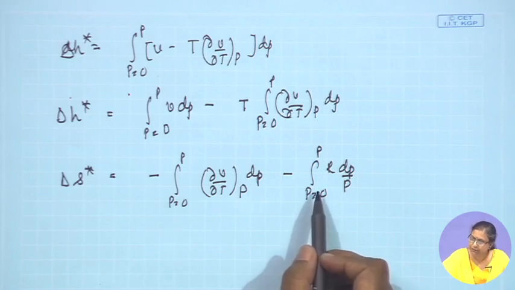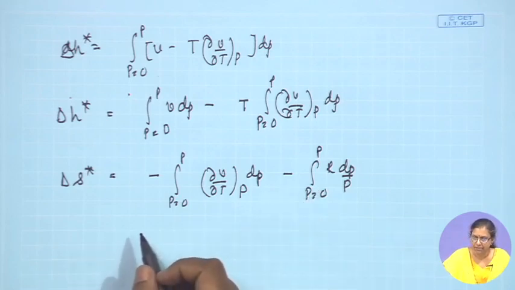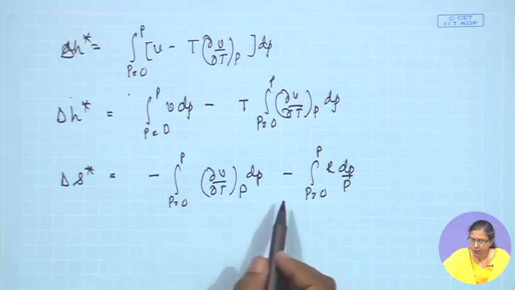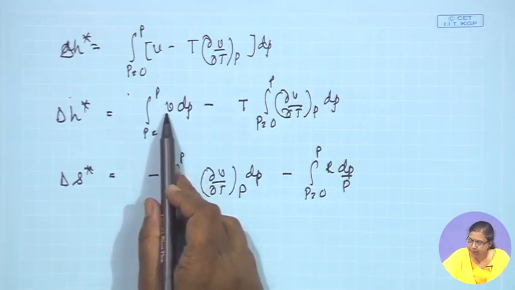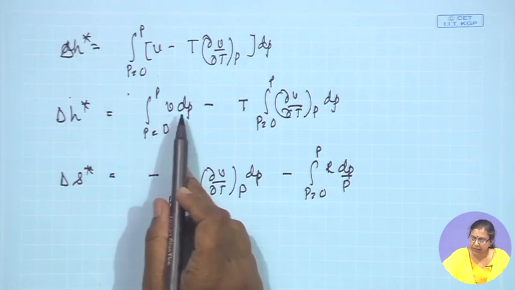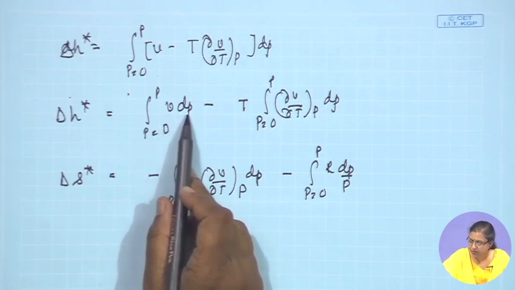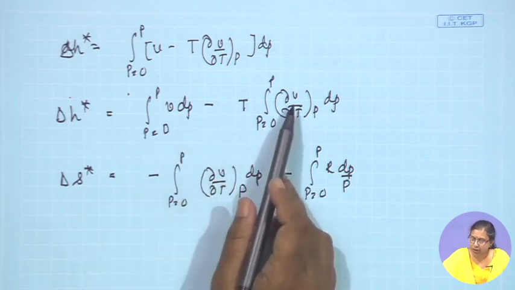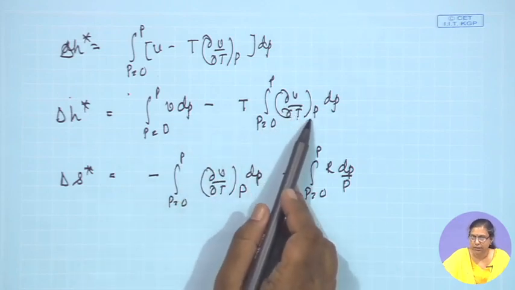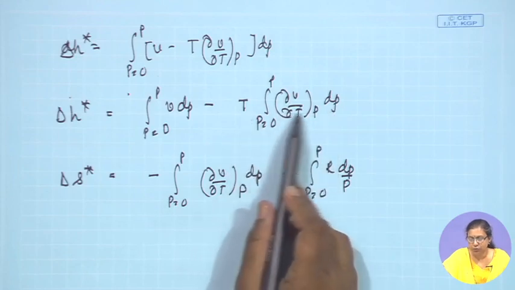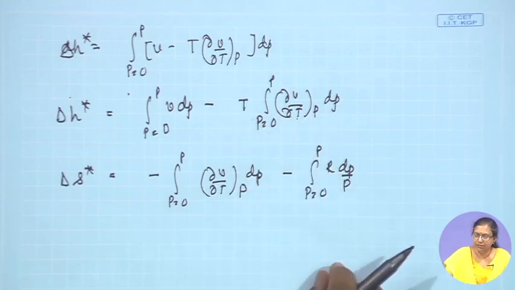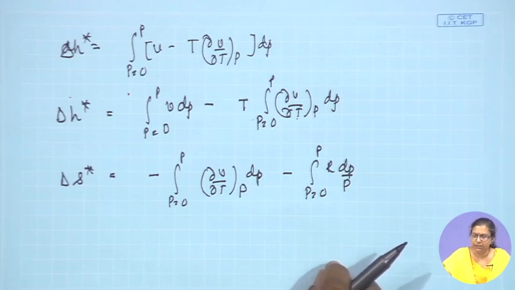If you have the PVT behavior of the gases, it becomes very easy. We have already discussed the PVT behavior of the gases, right. So from those expressions, if you can express V in terms of P, then you should be able to find this integral, and if you can compute del V del T at constant P and express it as a function of P, you should be in a position to find this particular integral. This is quite easy, right.